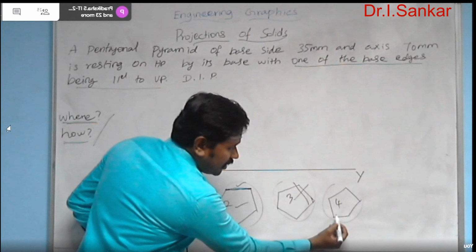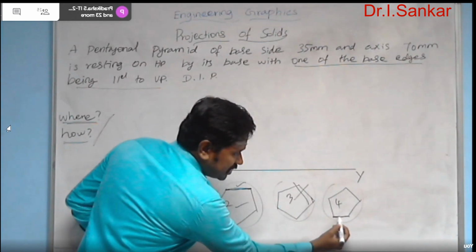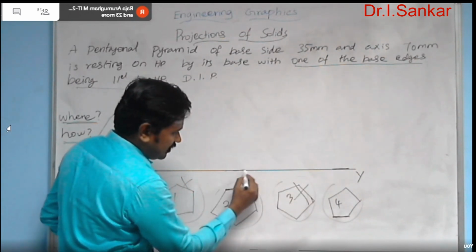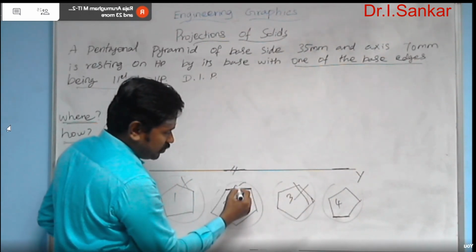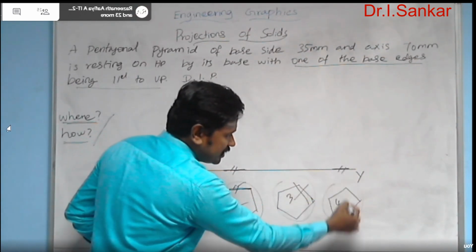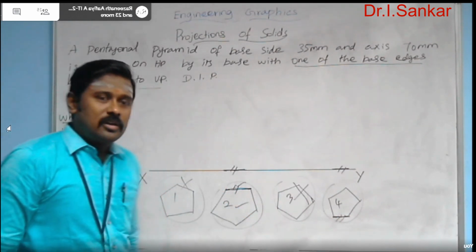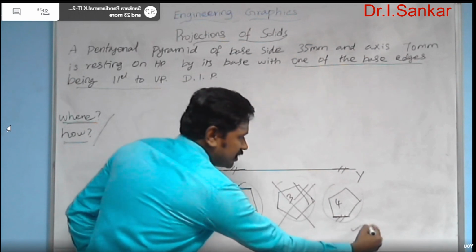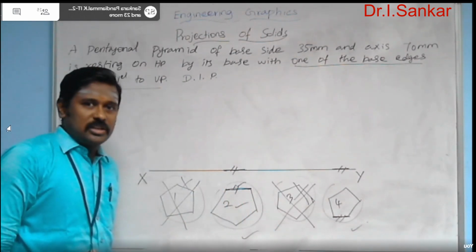See here, one base edge is being parallel to VP. Like the same, here also one base edge parallel to VP. There also one base edge is parallel to VP. So these two choices are not applicable for the current condition, and these two choices can be possible.